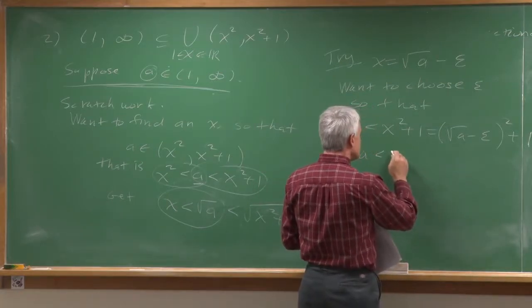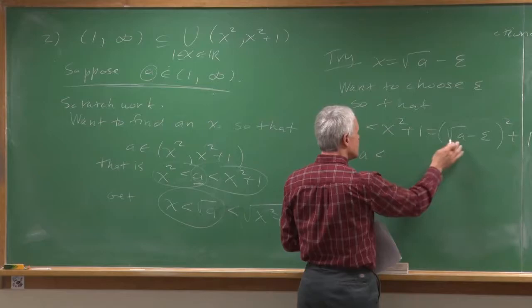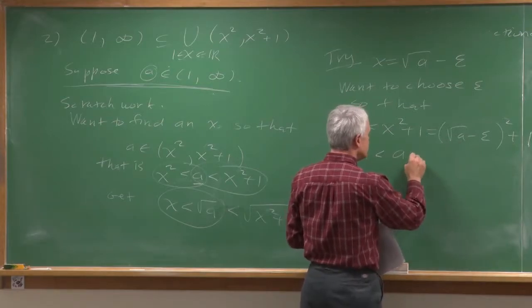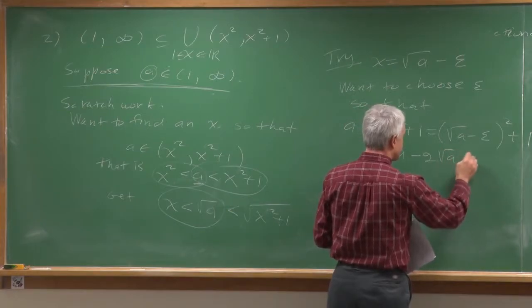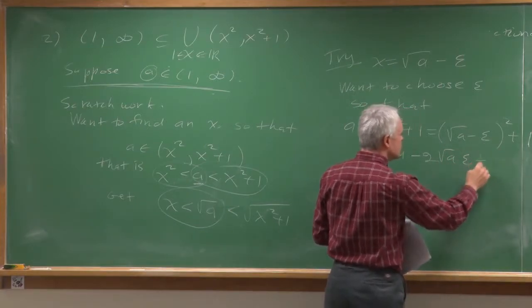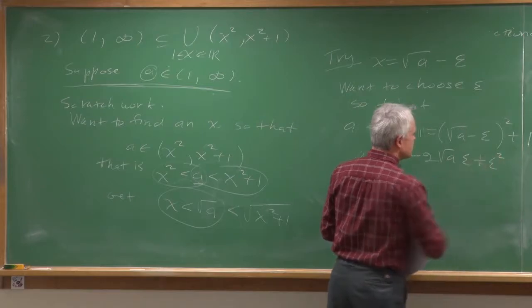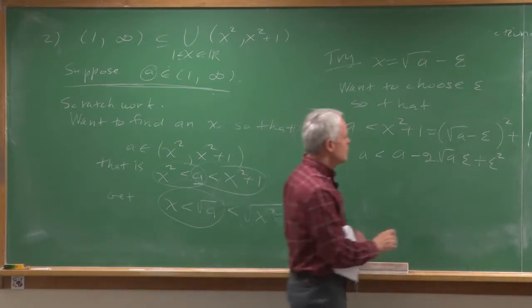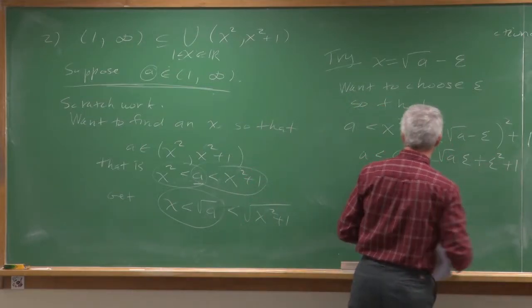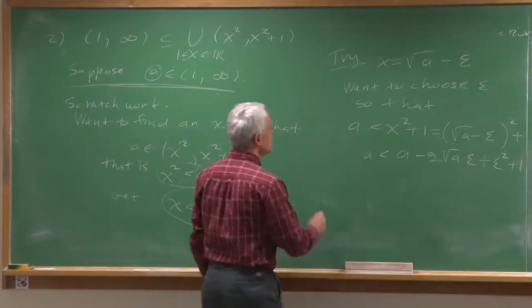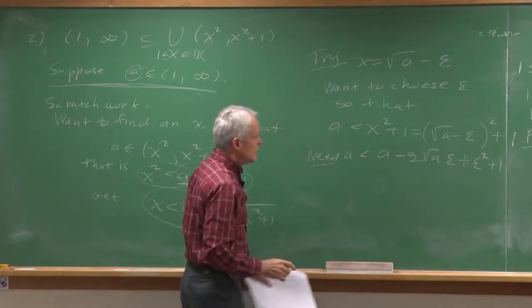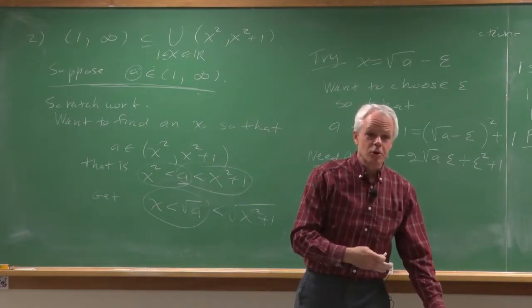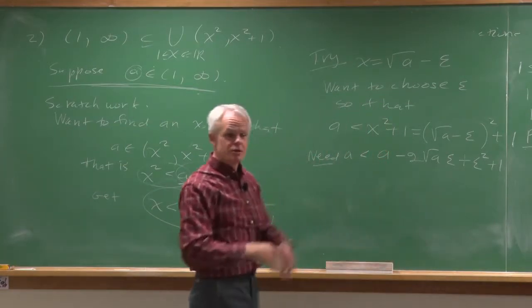I have to do the square, so when I square it, I get this term squared, I get 2 times the middle term, and I get the last term squared, which becomes a plus epsilon squared, plus 1. So this is what I need. And now we're trying to solve for the epsilon, or at least find an epsilon that works.